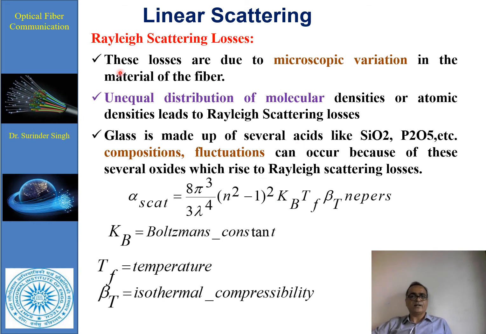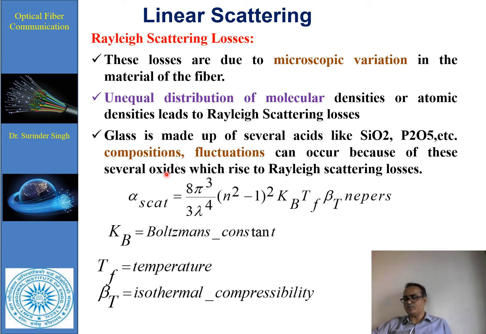Another is a microscopic variation in the material, where we have unequal distribution of the molecular or atomic density, which also leads to Rayleigh scattering loss. So scattering is due to the density fluctuation and produces an attenuation proportional to 1 upon lambda to the 4.